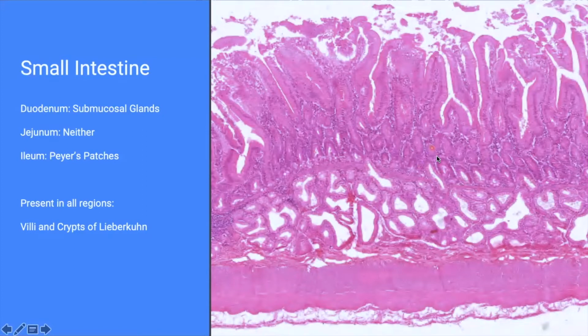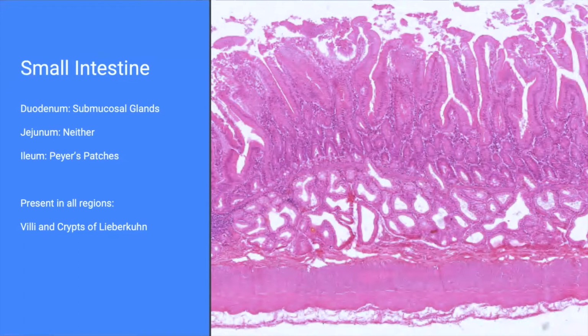So just as a refresher, our mucosa contains our epithelial layer, an associated lamina propria, and then a little bit of muscularis mucosae. Okay. And then we have our glandular structures found within our submucosa, which is specific for duodenum.